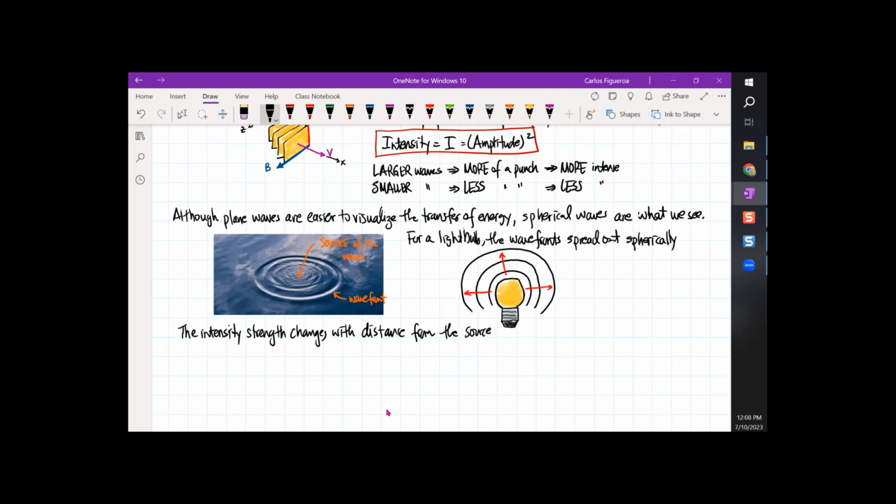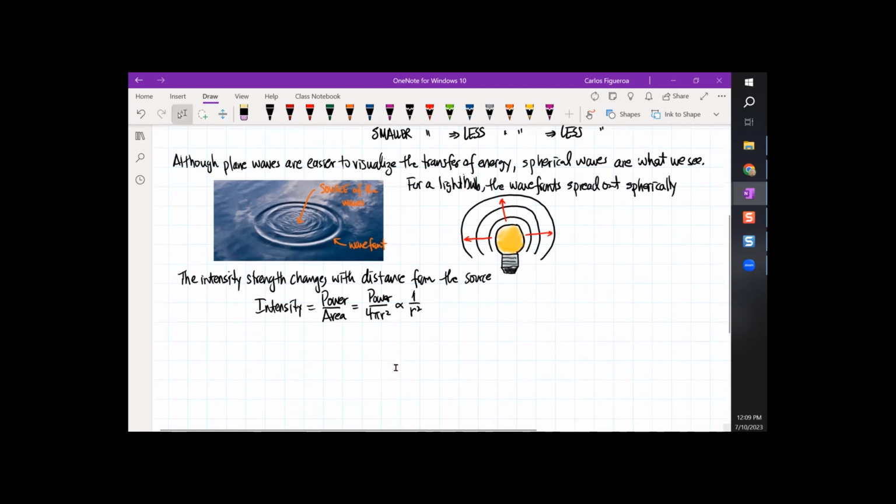By definition, intensity is equal to power, the rate of energy per unit time, that's deposited at some area. If we look at this as a spherical wave, then the area is 4 pi r squared, and we have the power, and we see that the intensity is proportional to 1 over r squared.